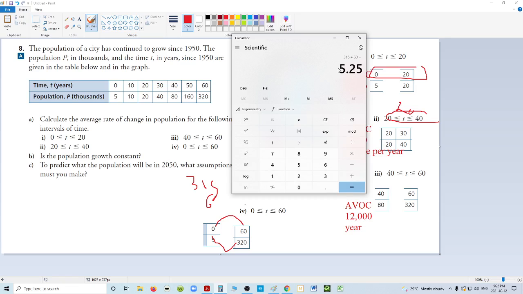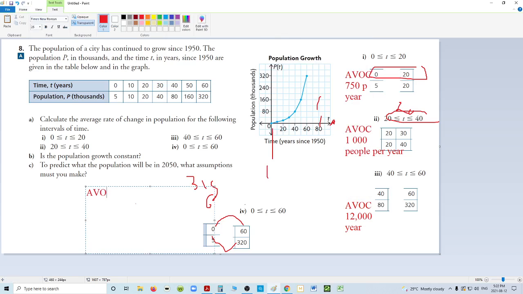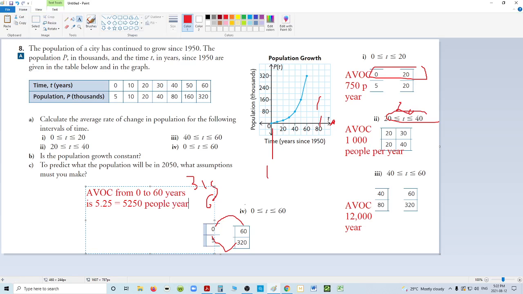And you can see my average rate of change for the whole graph, from 0 to 60 years, is 5,250 people per year. Now, notice that the slope of this graph is much smaller overall, and that's because in the beginning it was slow to grow, and at the end it was fast, whereas the average rate of change in the last 20 years is this.